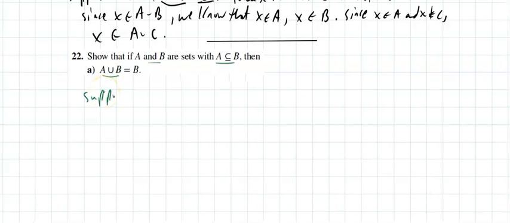Suppose X belongs to A union B. Then X belongs to A or X belongs to B or to both.